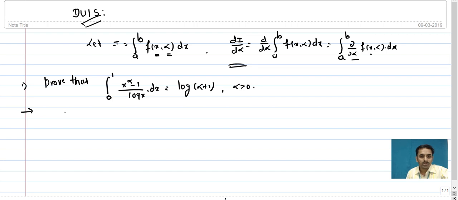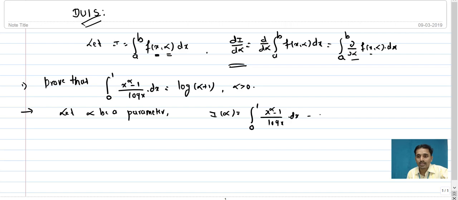Here other than x we have alpha as a parameter, so let alpha be a parameter. It means take the given integral as I of alpha, that is the integral of x raised to alpha minus 1 upon log x dx. Equation 1.